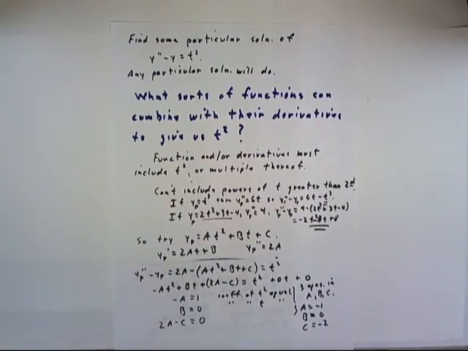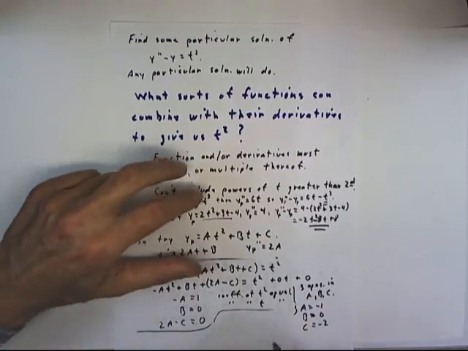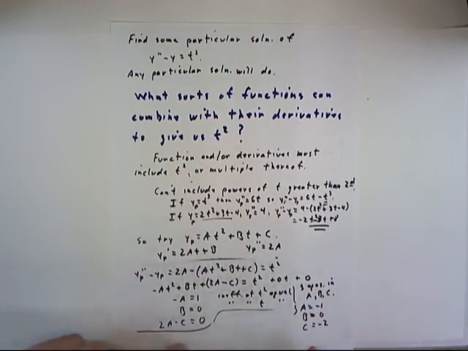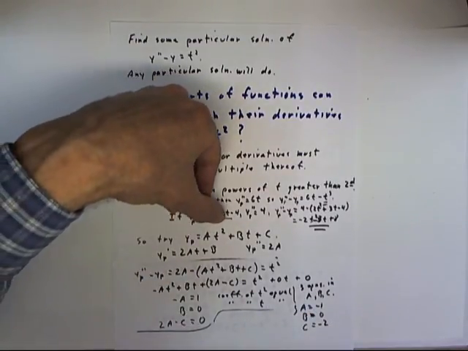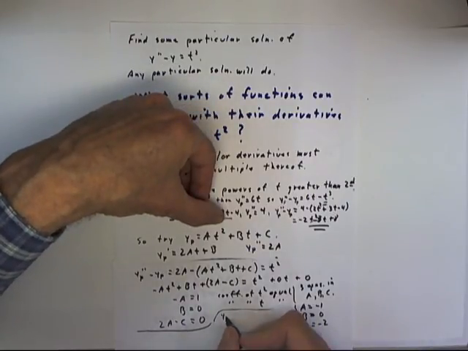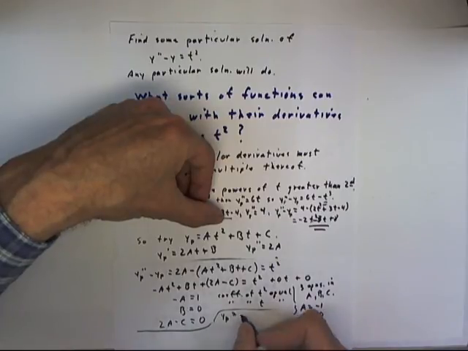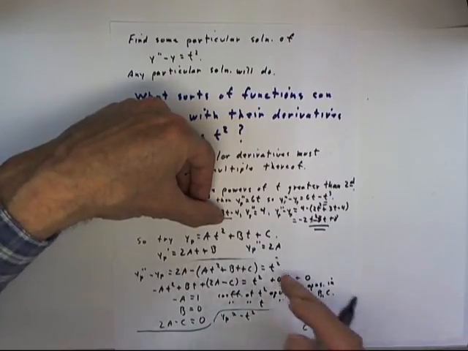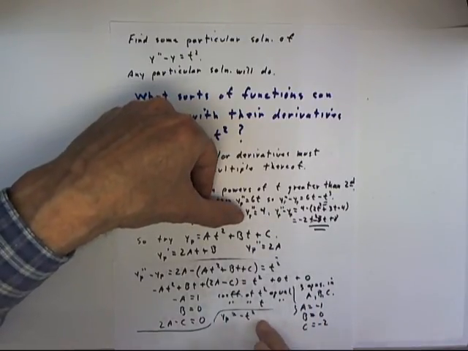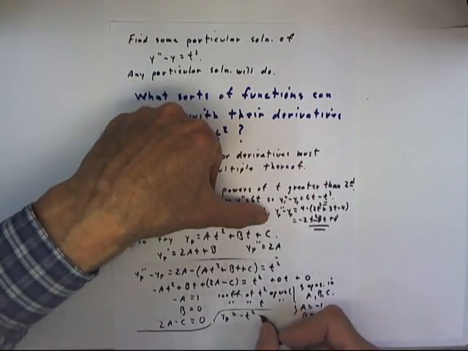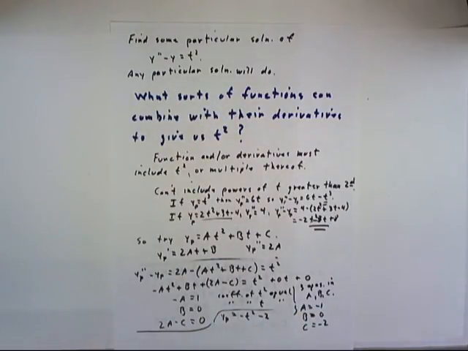Now that we have the values of a, b, and c, we can plug them back in here. Yp then is going to equal at squared, which is going to be negative 1t squared, bt, that's going to be 0, and c is going to be negative 2.